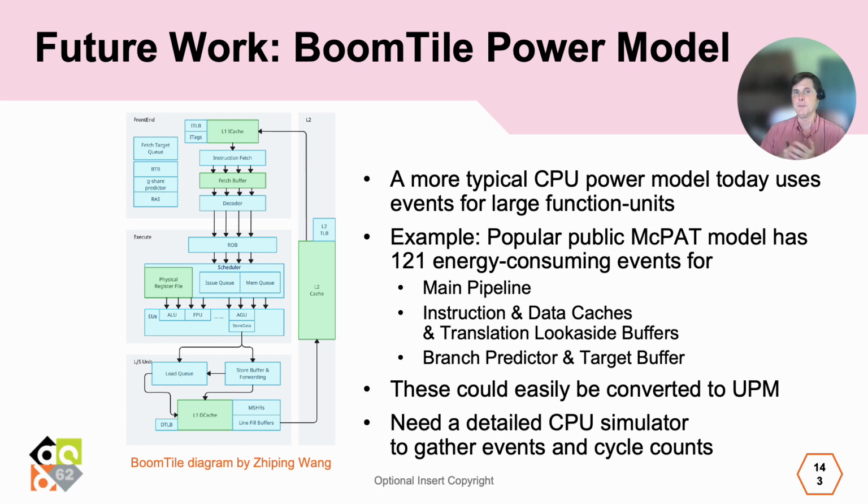So for example, a typical out of order superscalar processor, such as the BOOM tile from UC Berkeley, can be modeled by the popular McPAT model, which for out of order processors actually includes 121 different energy consuming events for its different function units.